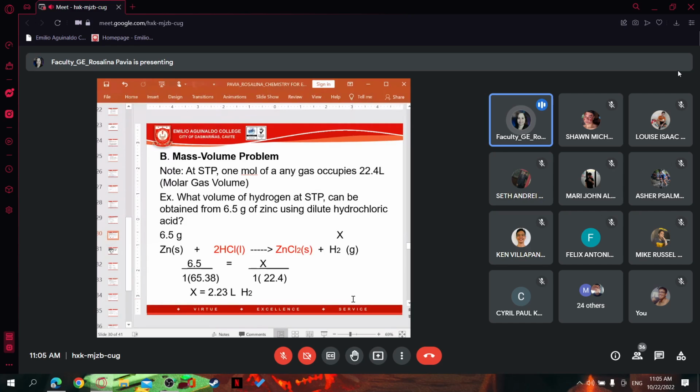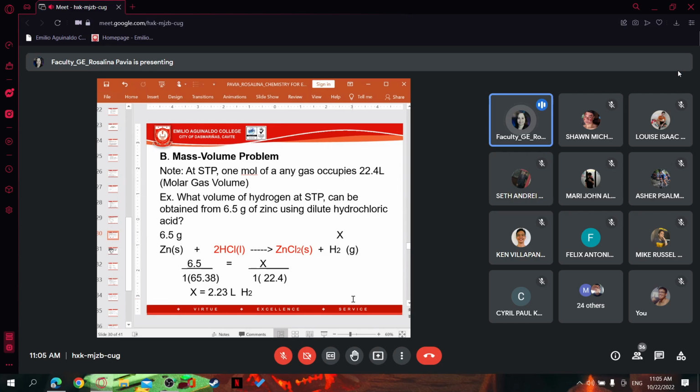Now the question is, what volume of hydrogen at STP can be obtained from 6.5 grams of zinc using dilute hydrochloric acid? So when you say dilute, it is somewhat added with water.